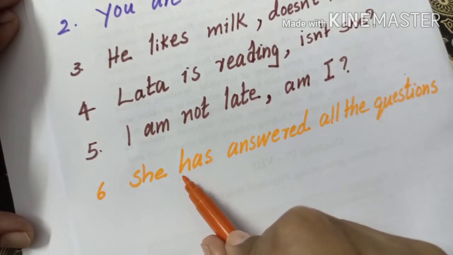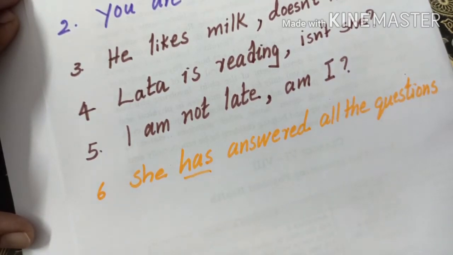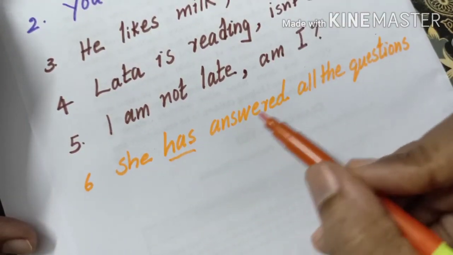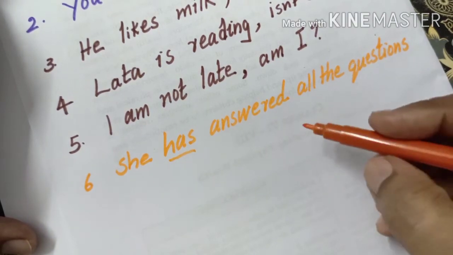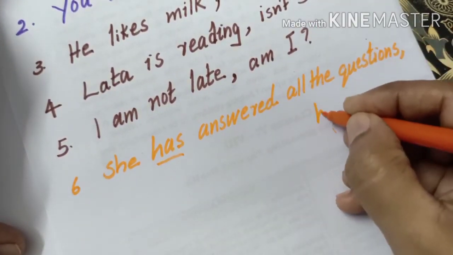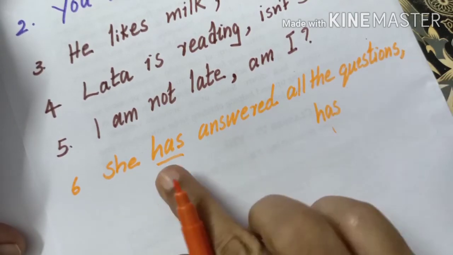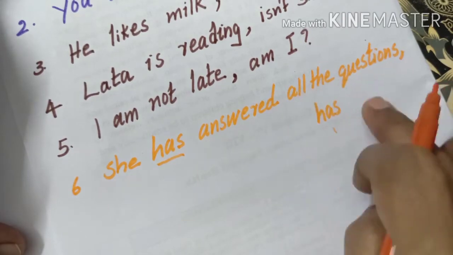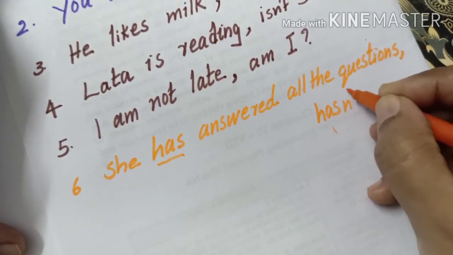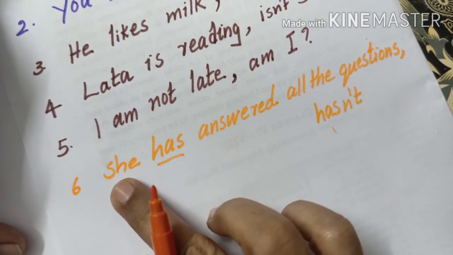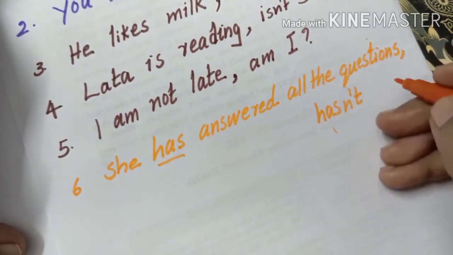Yes, has is the auxiliary verb. Since there is an auxiliary verb, we have to write the same auxiliary verb. So put a comma and write has. Now, it is positive, so add n't. A negative question tag is needed. Hasn't. And write the pronoun. What is the pronoun here? She.